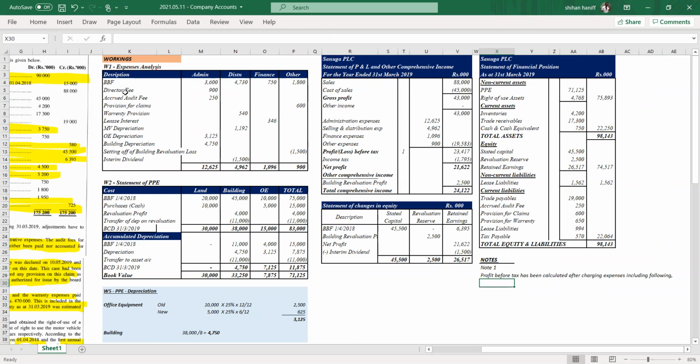So you can write a few important expenses: director fee, audit fee, provision for warranty, provision for claim, lease interest, registration.